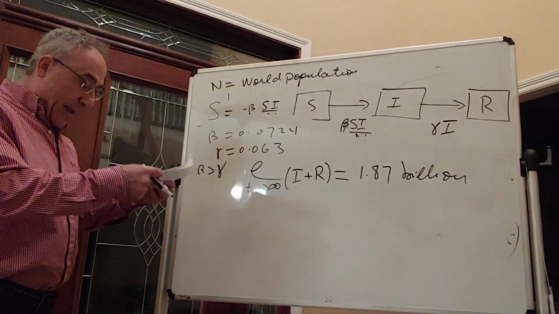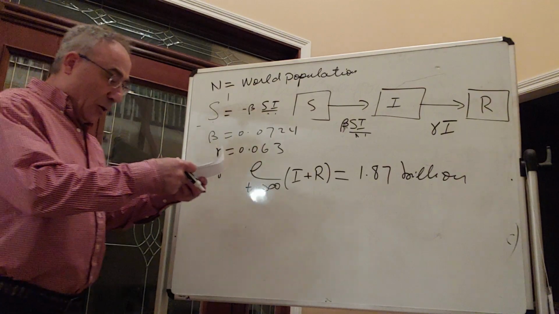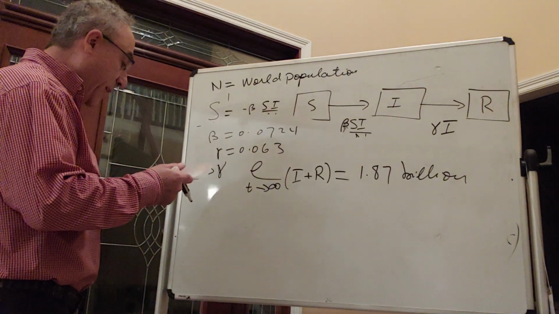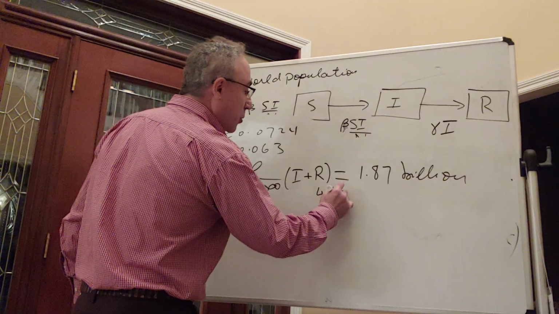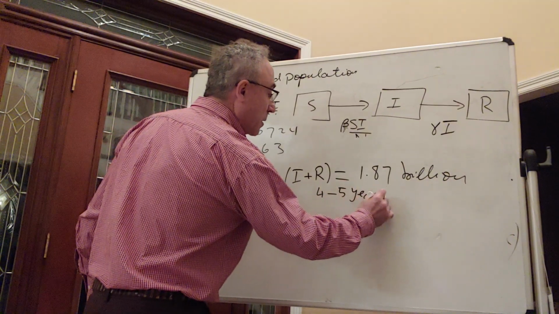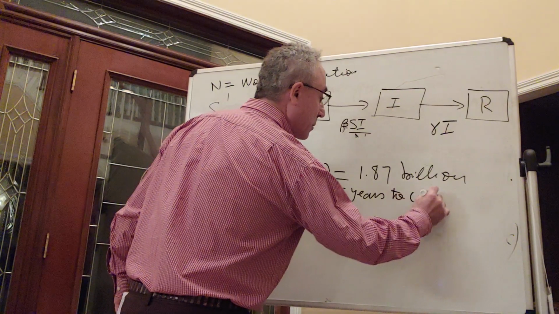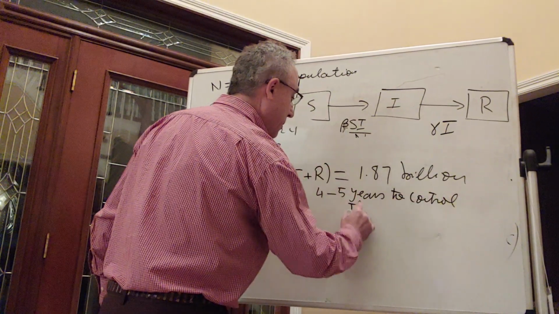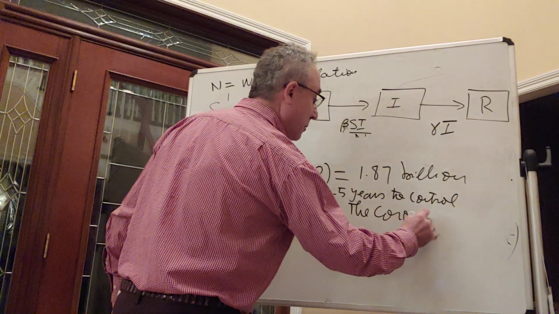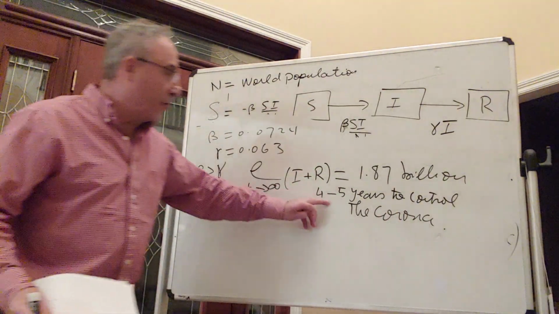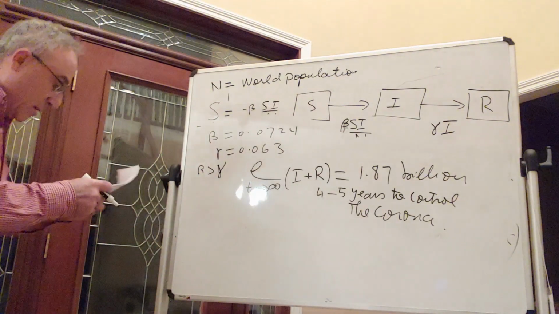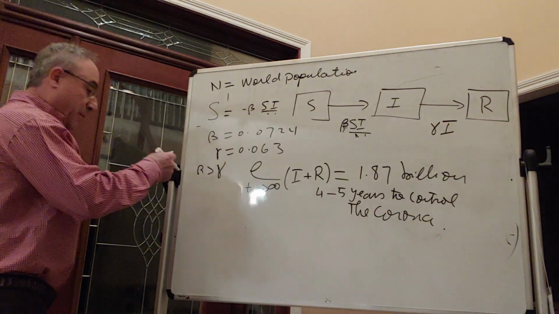And this will take 4 to 5 years to control the coronavirus. All right, another number.